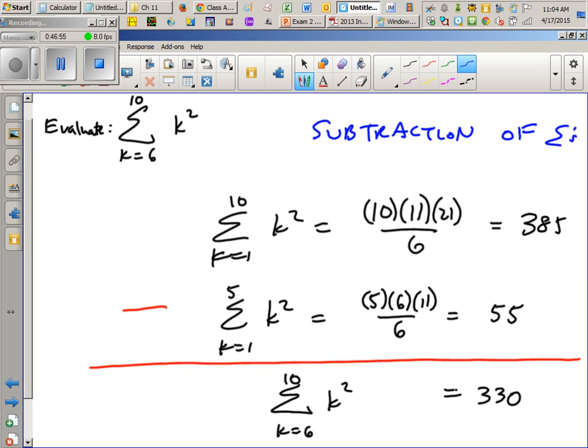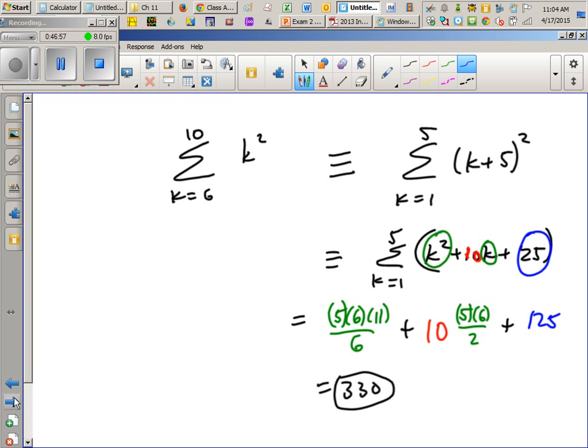The next method was entirely different. I transformed the problem. I didn't like the 6 to 10 look, so I made this a 1. How did I do it? I took away 5. But that means I have to take away 5 up here to keep the number of terms correct, which means I have to change the k to k plus 5 to keep things balanced. So I subtracted 5's here and here, added 5 to that k, and rewrote the problem entirely.